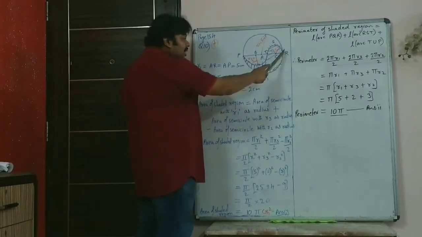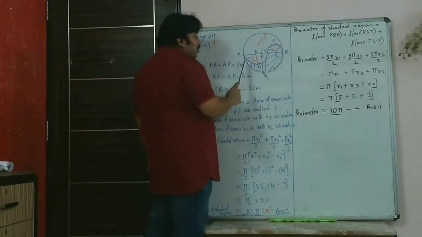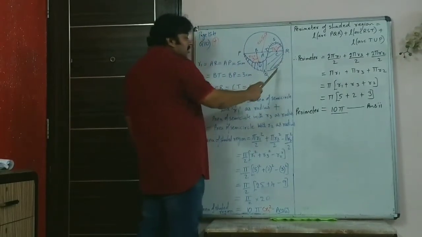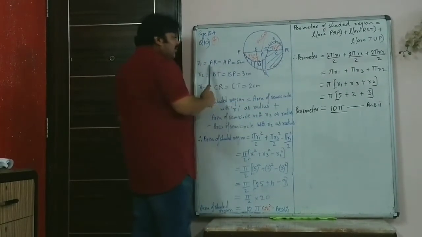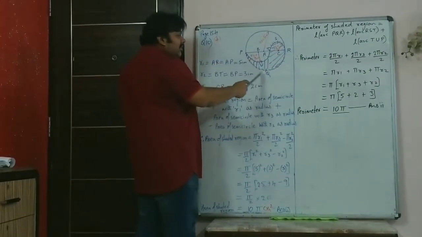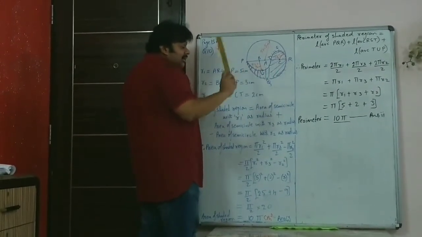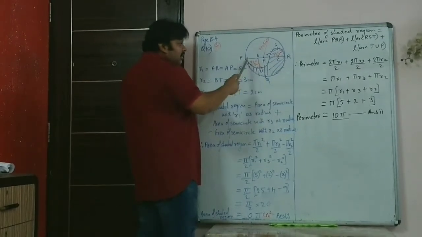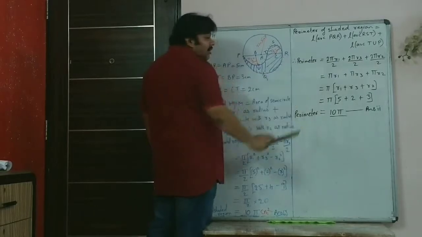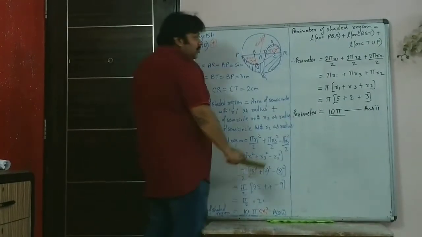So from PQR, it is the length of arc PQR, which is 2 pi R1 upon 2. This is the circle with radius R1 upon 2. The entire thing would have been 2 pi R, but not the entire circle, you are only taking the length of the arc PQR. So it is 2 pi R1 upon 2.